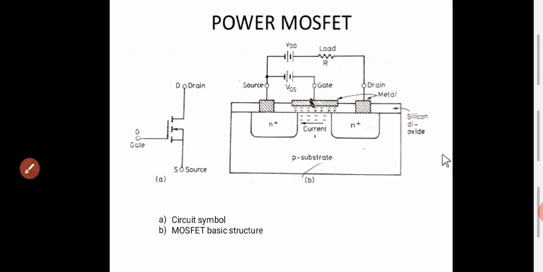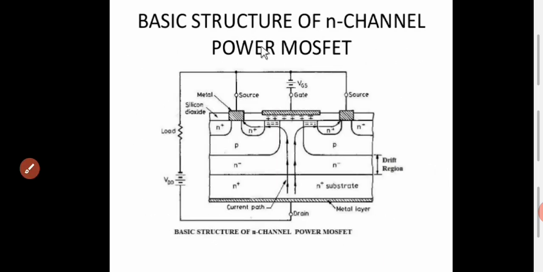So a power MOSFET is thousands of single MOSFET cells connected on a single silicon chip. Here two cells are connected in parallel, this is one and this is second.